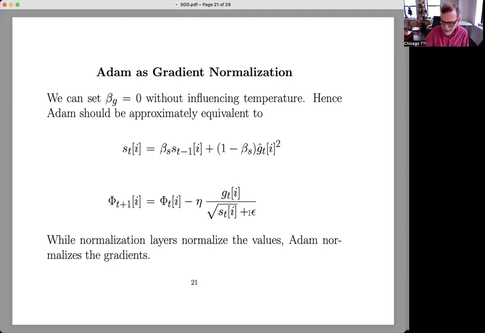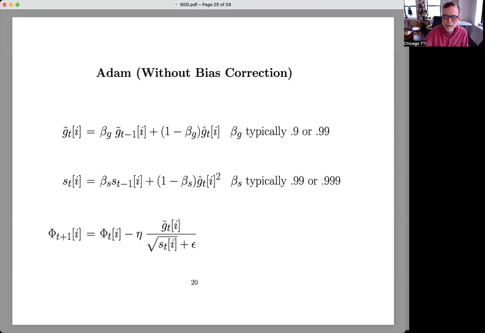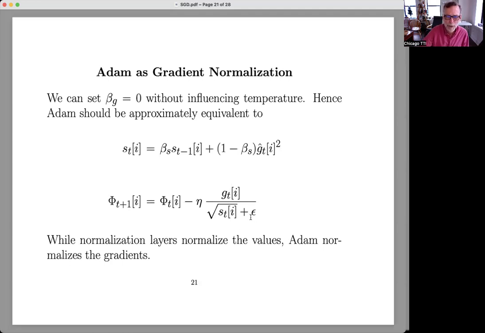Epsilon is needed because this second moment might be too small, might be 0, and if this is 0, then this gets blown up inappropriately. But I'm ignoring epsilon for now. So this is gradient normalization. Just like you have value normalization going forward, you can think of Adam as gradient normalization.